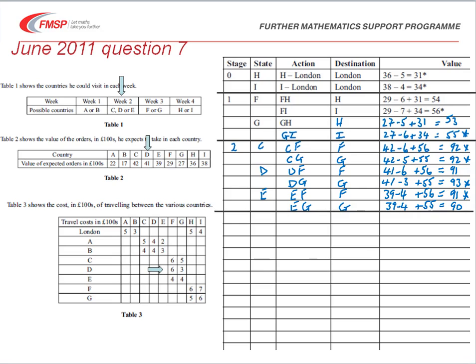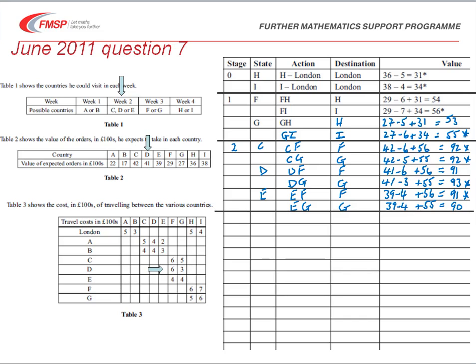I've jumped forward a little bit now to the point where stage 2 has been completed. At each part in the table, I'm using the travel costs from table 3 associated with the start state and the destination at each point, and the order values from the countries that we are in at the current state.